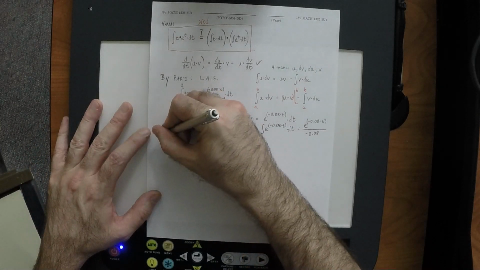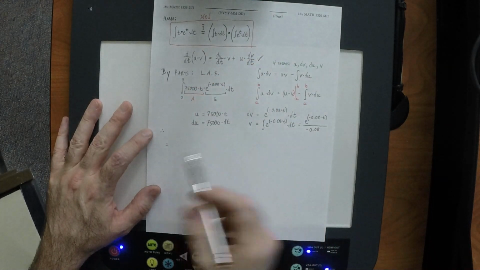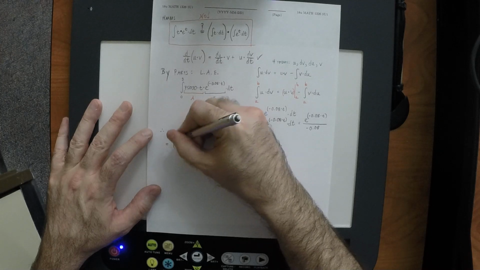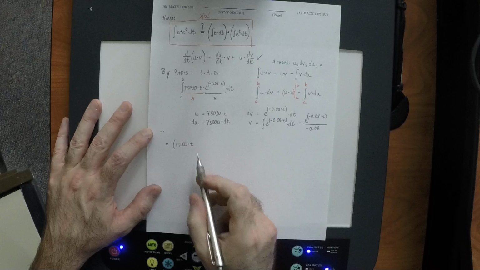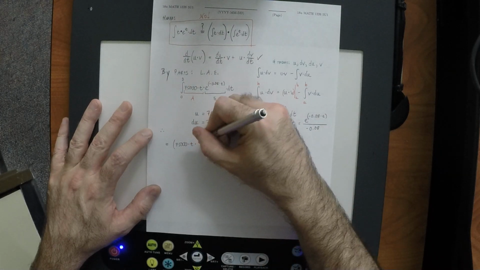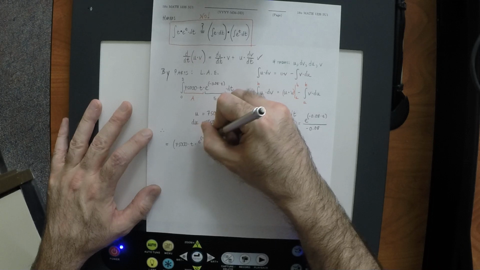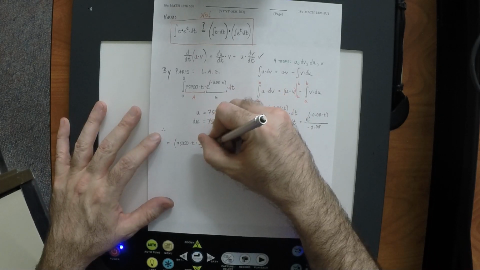So as a result, the integral continues to uv, so 75,000 t, that's u, and then v is that thing: exponential of negative 0.08 t over negative 0.08.